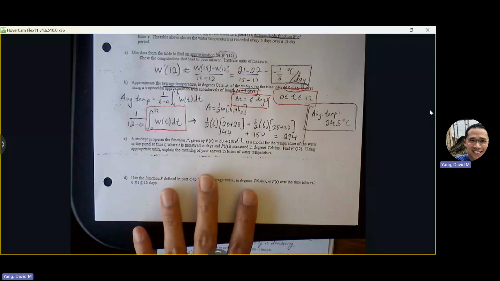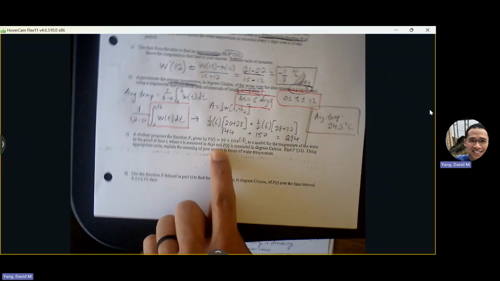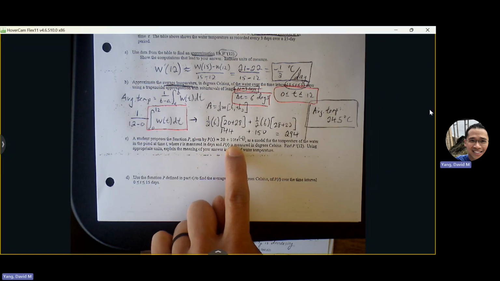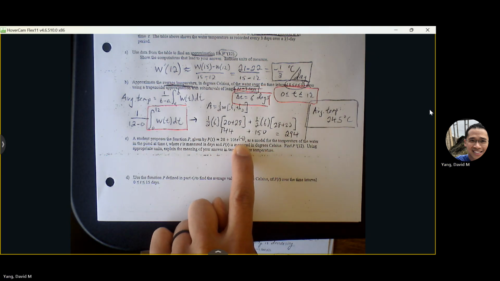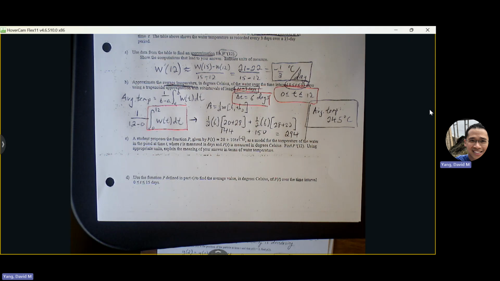So let me read part C here. A student proposes that a function P given by P of t equals 20 plus 10t e to the negative t over 3 as a model for the temperature of the water in the pond at time t, where t is measured in days and P of t is measured in degrees Celsius. Find P prime of 12.